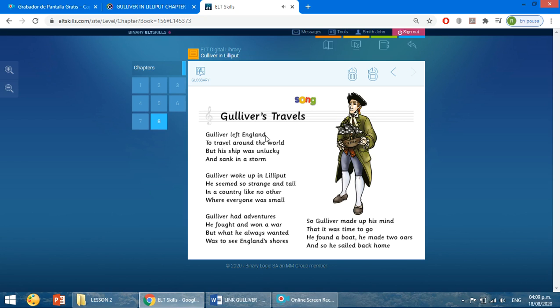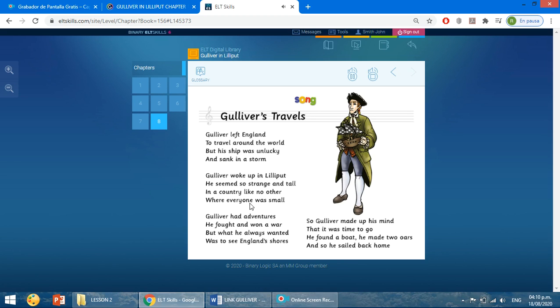Gulliver left England to travel around the world, but his ship was unlucky and sank in a storm. Gulliver woke up in Lilliput. He seemed so strange and tall, in a country like no other, where everyone was small. Gulliver had adventures.